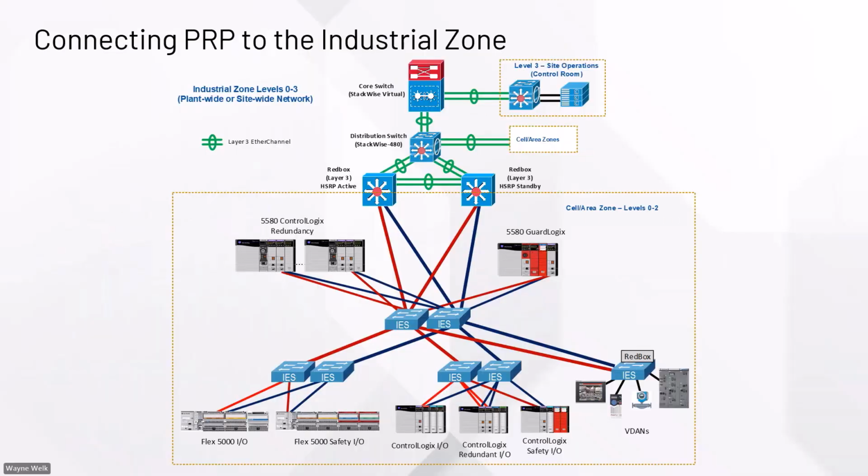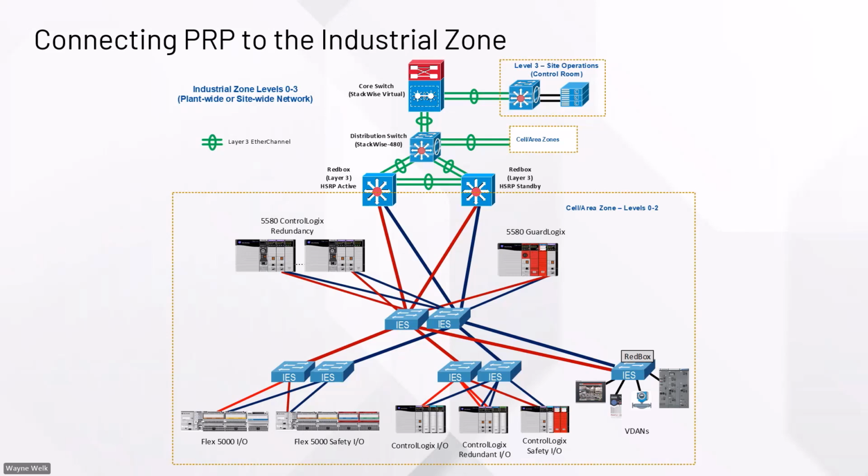Okay, this is an example of taking a parallel redundancy protocol network and incorporating the electrical devices into it. So typically in a PRP, there's a switch.